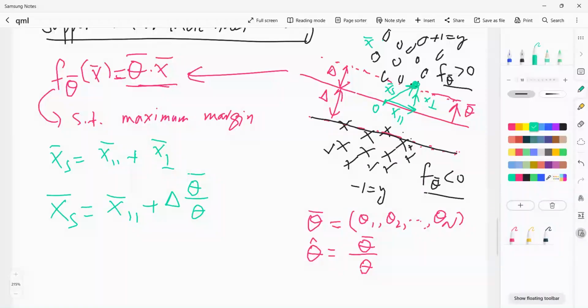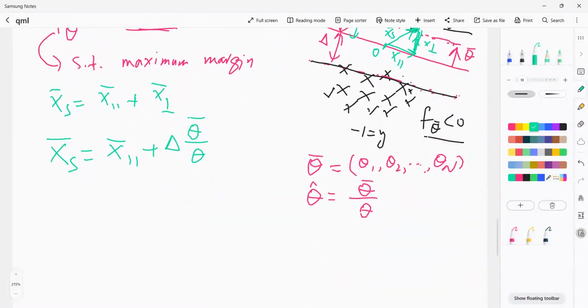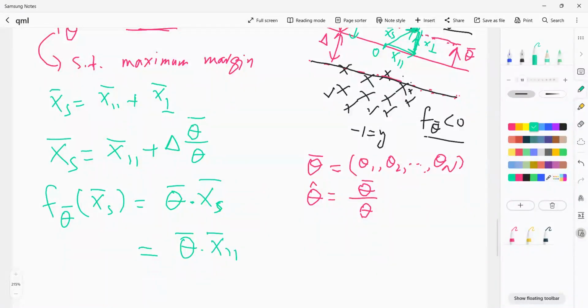This delta is the magnitude of this vector, and this theta vector over the magnitude of theta is the unit vector along this direction. So the function for the support vector then becomes theta dot xs, and if I substitute the value of xs, it becomes theta dot x parallel plus delta, which is a scalar, times theta dot theta over the magnitude of theta.